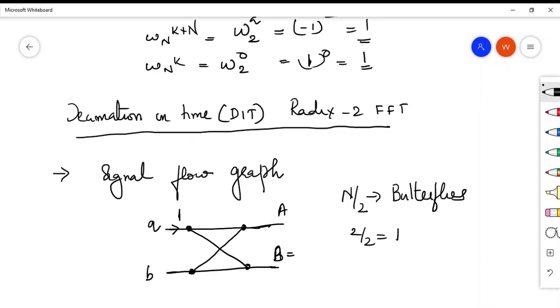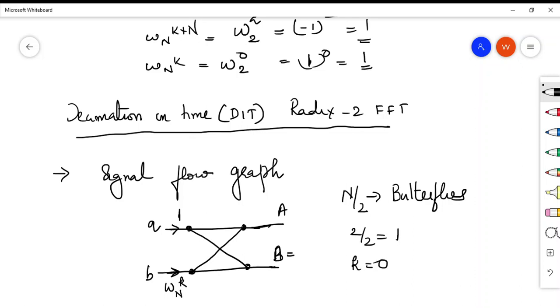Now for doing this algorithm, you have to draw like this, and this particular branch will have a phase factor or a weight which will be equal to W_N^k, where k varies from 0 to N-1. How many samples are there? Here you have 2 samples, so you have only one value, k is equal to 0.